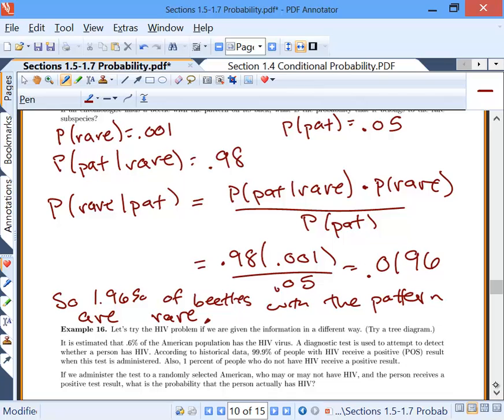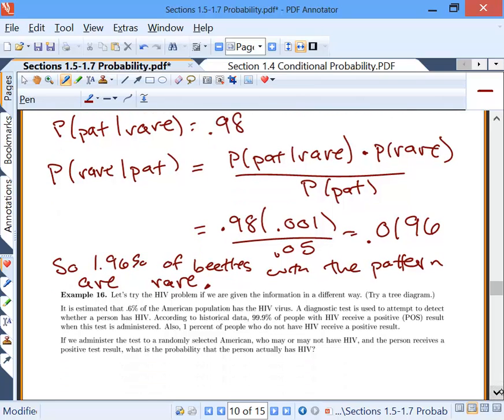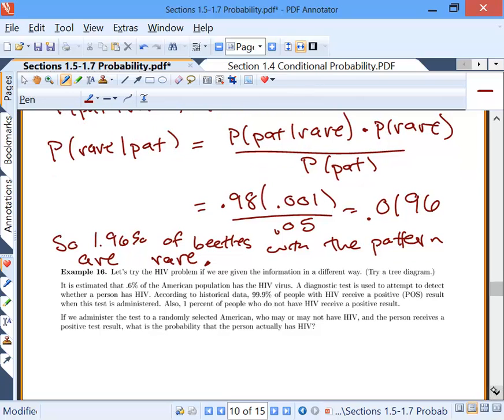For our last problem in this section, we are going to do the HIV problem again, but we're going to give you the information in a different way. This is actually probably the more common way to do a Bayes problem. They tell us that 0.6% of the American population has the HIV virus, so the probability of HIV equals 0.006.